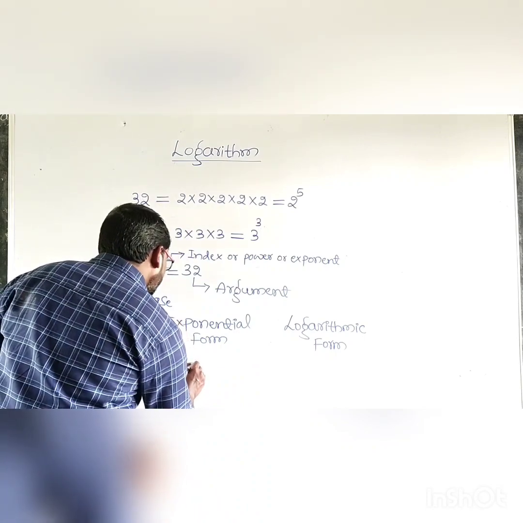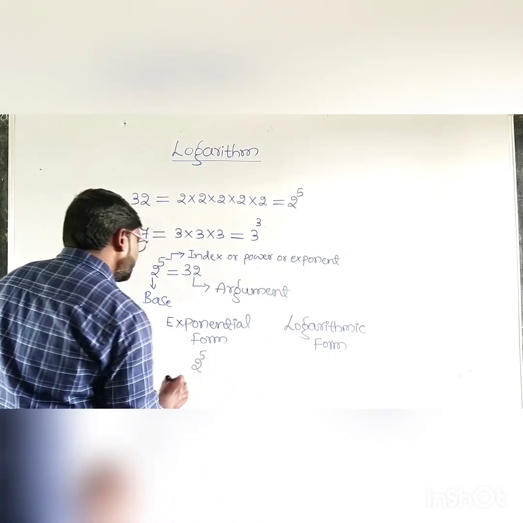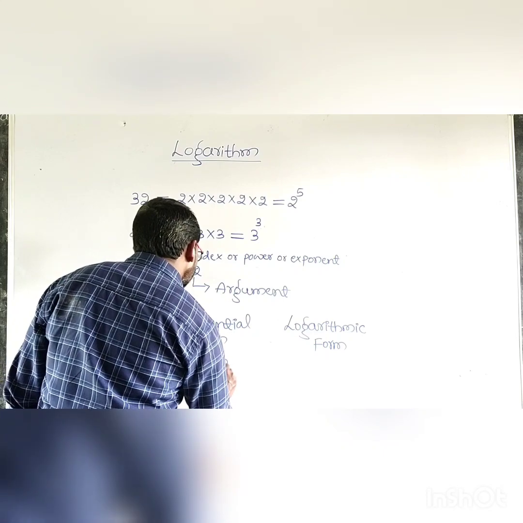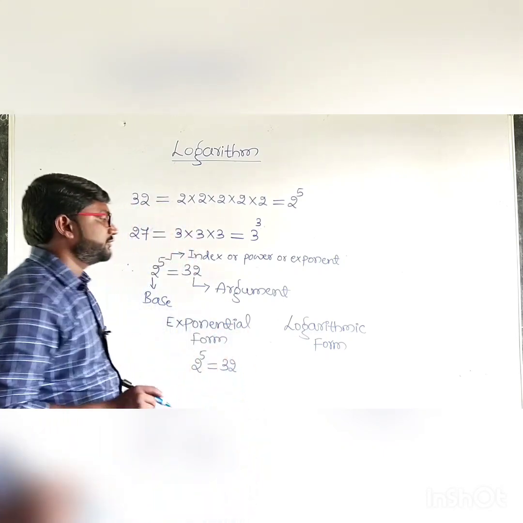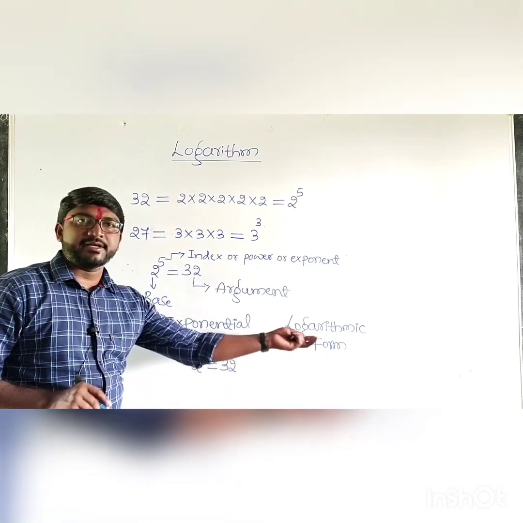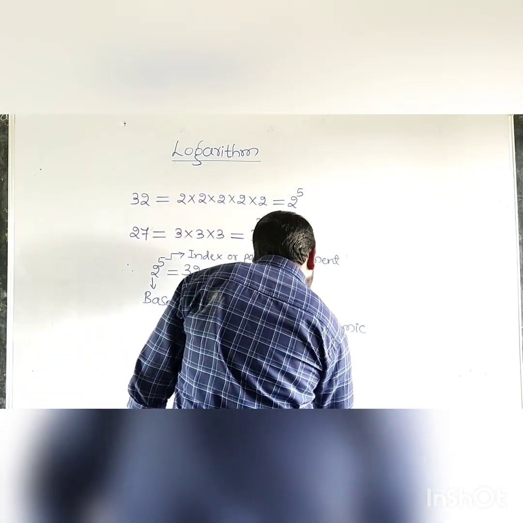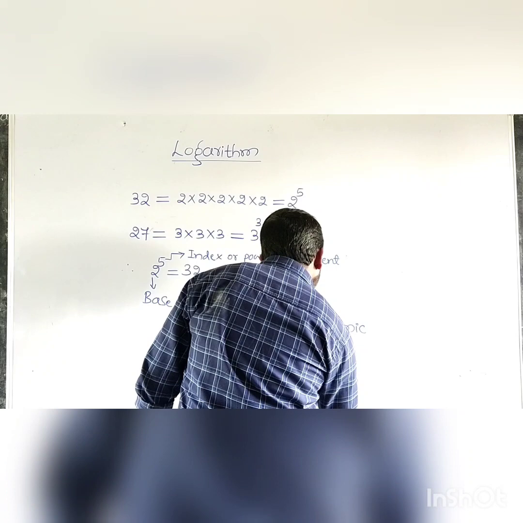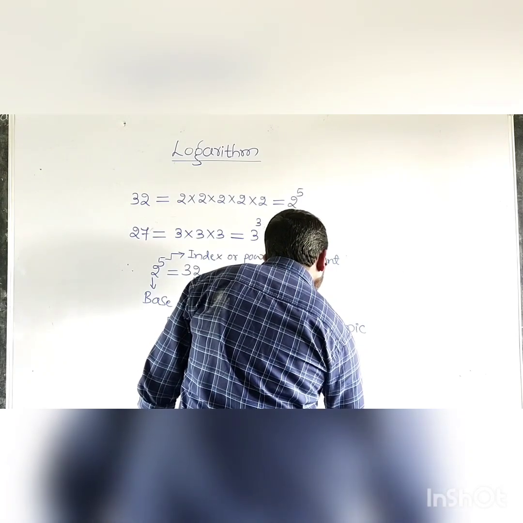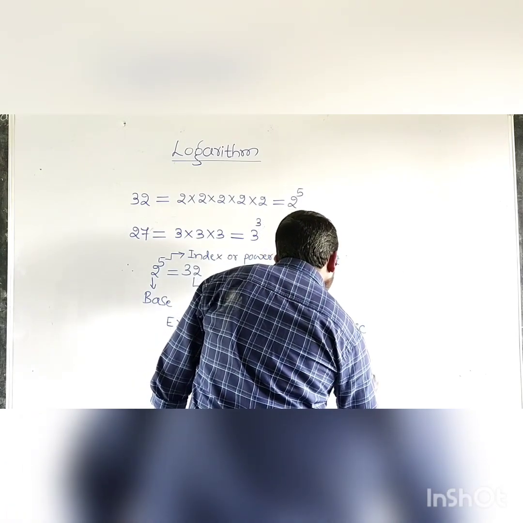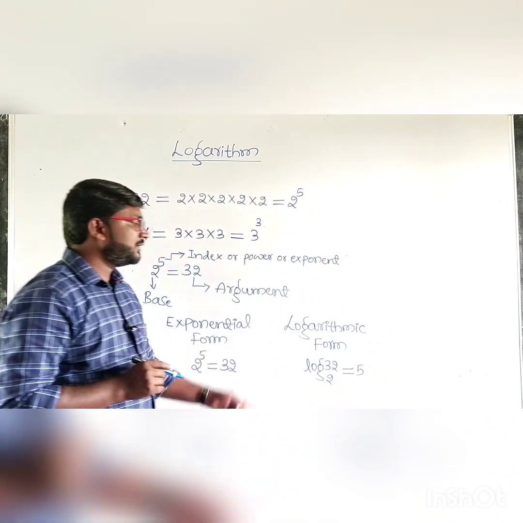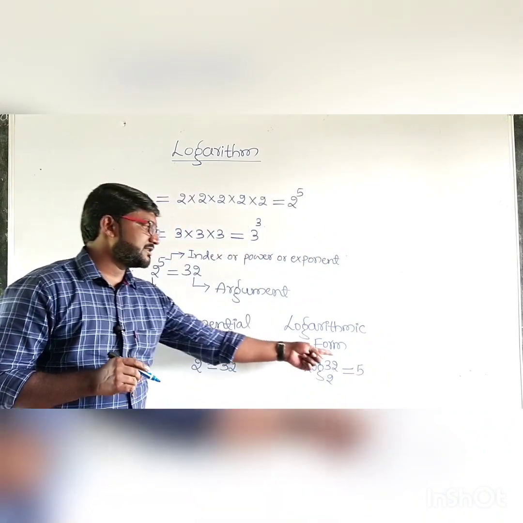Here 2 raised to 5 equals 32. If you write this in the logarithmic form, it becomes log 32 to the base 2 equals 5.